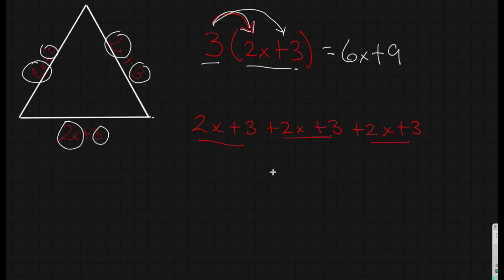You could use the commutative property to rearrange them. Let's put the 2x's together: 2x plus 2x plus 2x plus 3 plus 3 plus 3. And then if I add all these together, that would be 6x. And if I add all these together, I would get 9. 3 plus 3 plus 3 is 9. So that's another way you could do it.